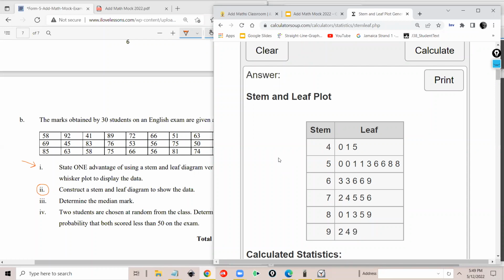Another person said the data is more accurately displayed on the stem and leaf. While that is a good answer, the word accurately could be interpreted so many different ways. Accurate in what way, right? So Angelo, don't put that one. At least put that the original data is shown, right?